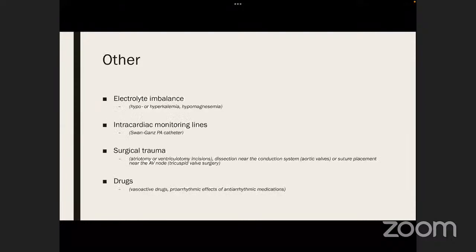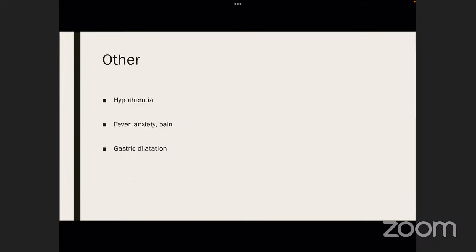For the other causes, might be electrolyte imbalance, intracardiac lines, surgical trauma, as in arteriotomy, ventriculotomy, valve surgeries. Also the drugs could affect the rhythm. Others like hypothermia, fever, pain, and gastric dilation all could lead to any type of arrhythmia.